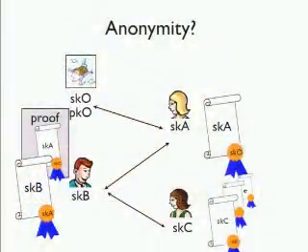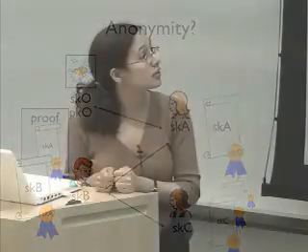So instead, you could maybe have Alice form a proof of knowledge of the signature and just give this proof to Bob. And so now when Bob wants to prove that he has a credential, he shows this first proof that O has signed his secret key, and then he forms a proof that O has signed SKA, and then he forms a proof that SKA signed his secret key.